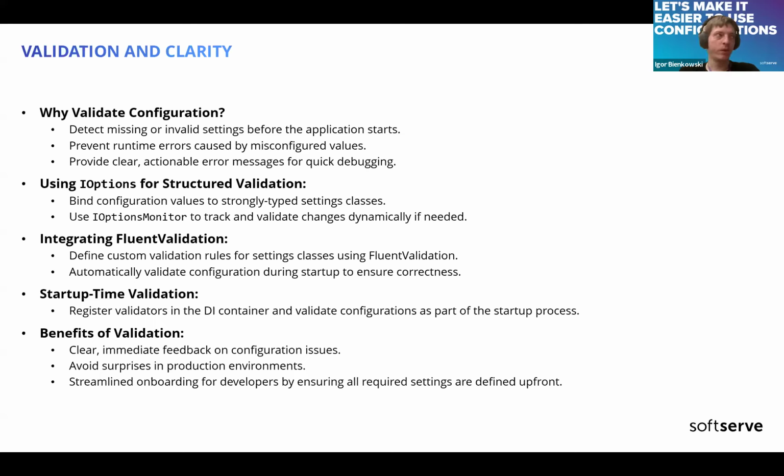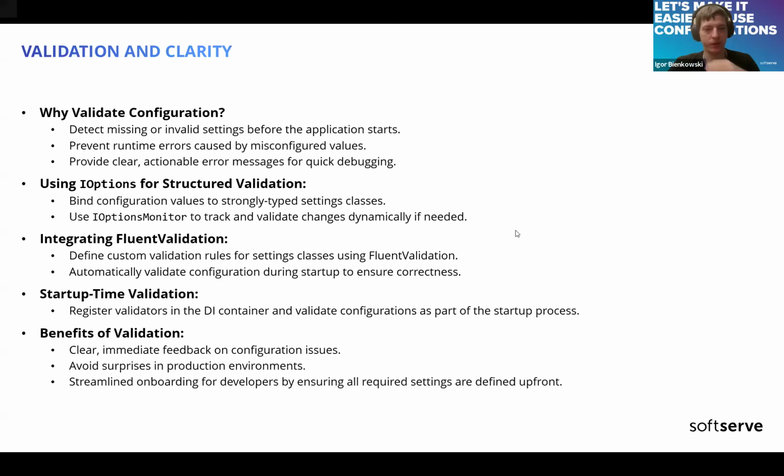And when a new developer came to join us, we just gave him the application, he started it, and even though we're missing some of the README, he was able to very easily determine what he's missing and what he needs to add just from these exceptions. And when he had everything, the application started, and he knew that, at least from the configuration perspective, he has everything he needs on his local environment.